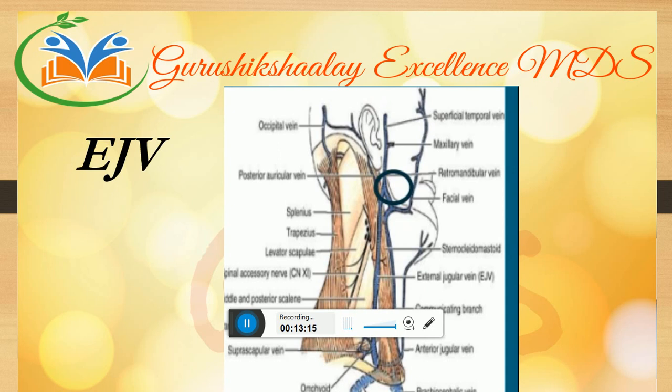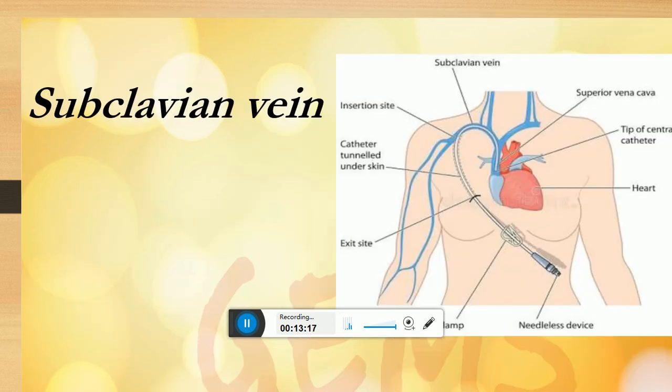Next you have something about the subclavian vein. Just know something about the subclavian vein. It is the continuation of the axillary vein, beginning at the level of the outer border of the first rib, and it ends at the level of the medial border of the scalenus anterior.